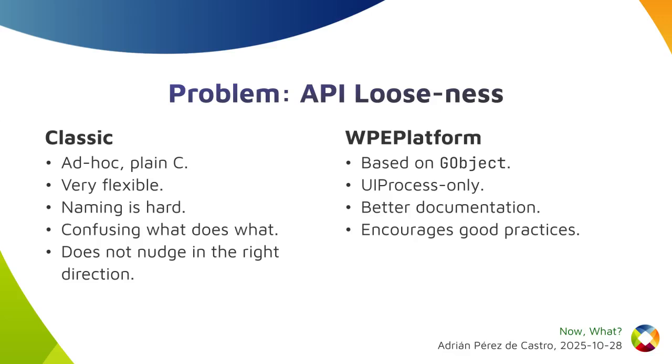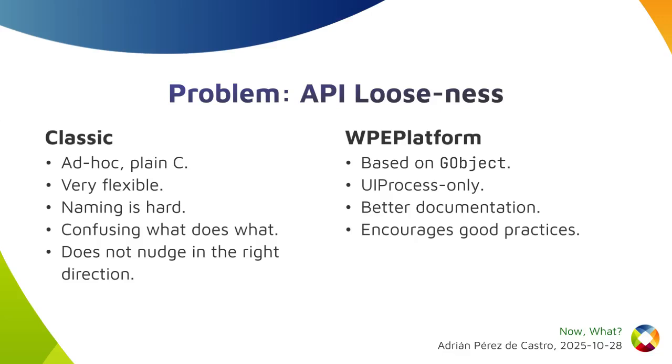The other reason is the classic API was plain C. It was very flexible, because basically you could do whatever you wanted, but that also made it very complex and, like I was saying earlier, it doesn't push people to do things the correct way, for example, to have pixel format negotiation and avoid buffer copies or buffer pixel format transformations.